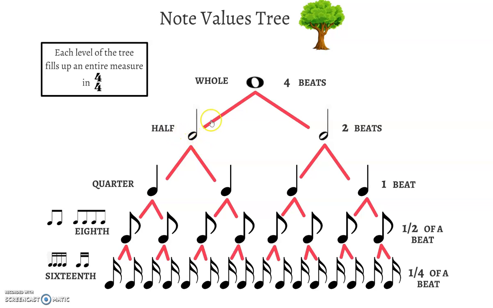That's because each of these will fill up half a measure in 4/4 time. Same thing with the eighth notes down here. An eighth note does not get an eighth of a beat. An eighth note gets half a beat because each of these notes fills up an eighth of the measure.